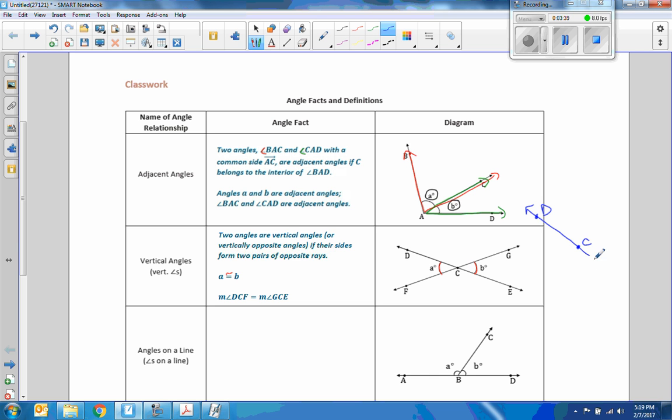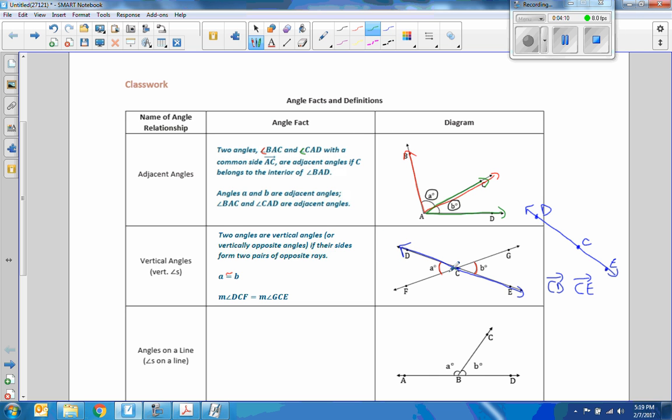Now if I go from C straight in the opposite direction and make that straight and then go over here, that's E. So CE is a ray, and we write an arrow over top to say ray CE, and then ray CD. The first letter is where we start. We go from C to D in this direction, and from C to E in this direction. Ray CD and ray CE are opposite rays.